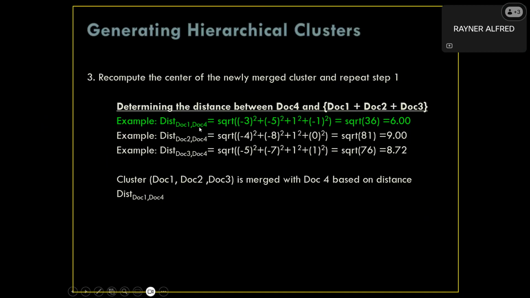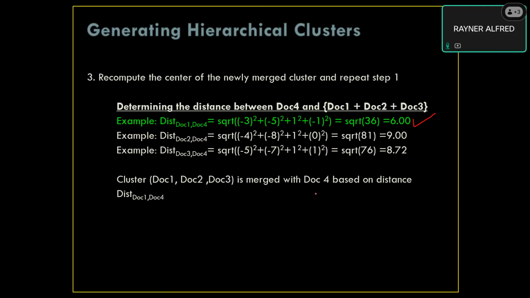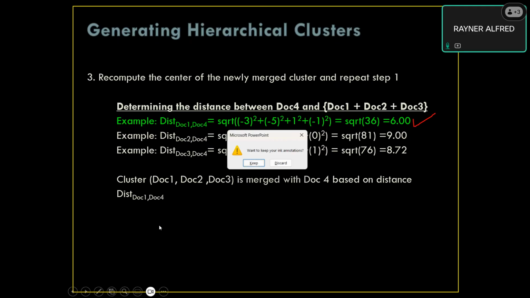So this one is, we are looking at the distance between document 4 and this. So the distance that we have is between document 1 and 4. So we will use 6 as the distance. Okay, and merge them. Okay. So that is the scenario here.